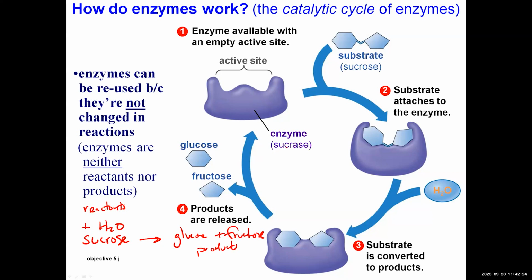But sucrase is neither a reactant nor a product. At the end of the reaction, it looks just the same as it did before, which makes it infinitely reusable. When looking at a reaction, the enzyme is often written above the arrow.